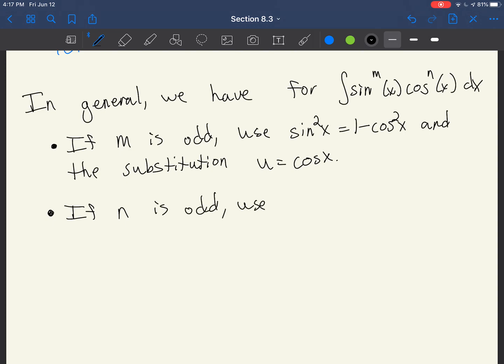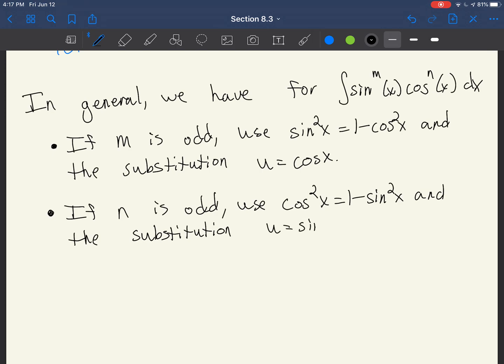If n is odd, then we will use cosine squared x equals 1 minus sine squared x, and the substitution u equals sine x.